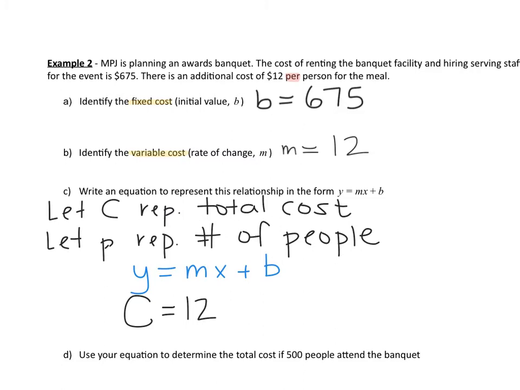And so that works out perfectly because on the x-axis is where I would plot number of people. And that makes sense because it is $12 per person, and P represents people or number of people. And then I have a positive sign, and my B value is 675. So the equation for this awards banquet would be C equals 12P plus 675.